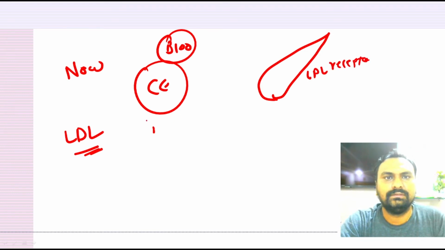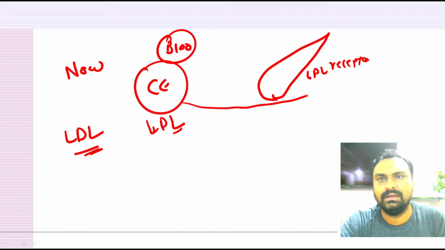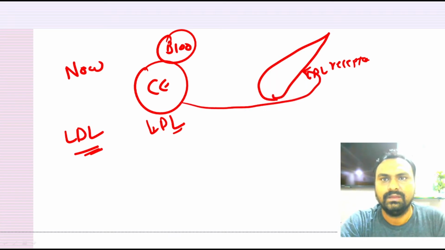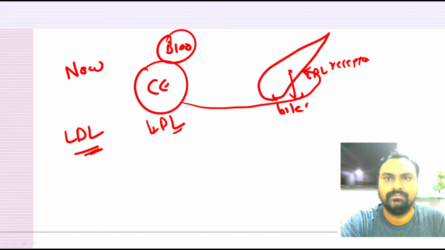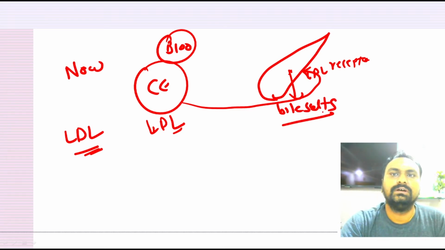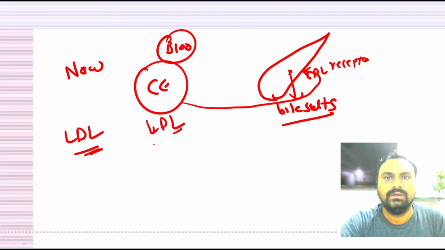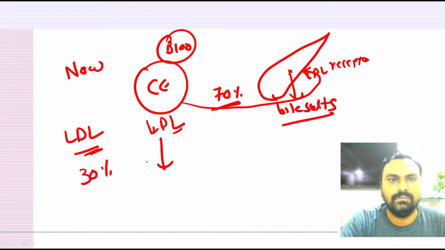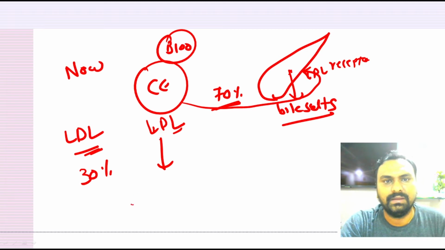So this LDL will be taken up by the LDL receptor and endocytosed, which will provide cholesterol, and cholesterol will be converted to bile salts for the digestion of lipids. So 70% of the LDL will go to the liver and be utilized, while 30% of the LDL will be taken up by the peripheral tissue.